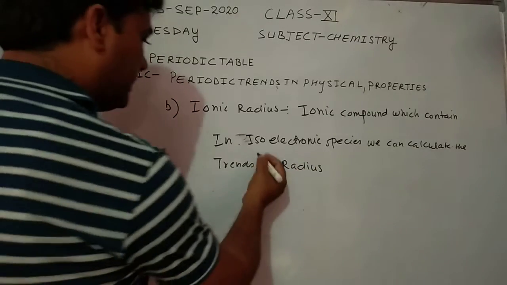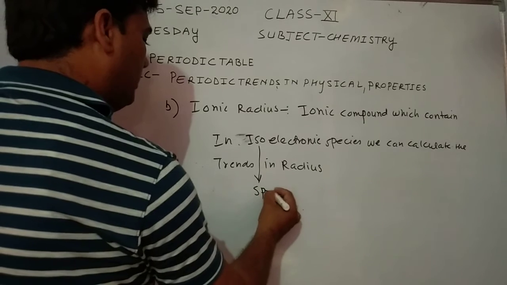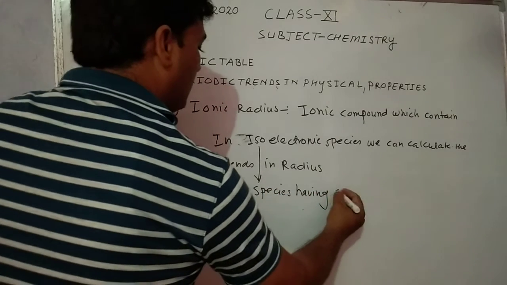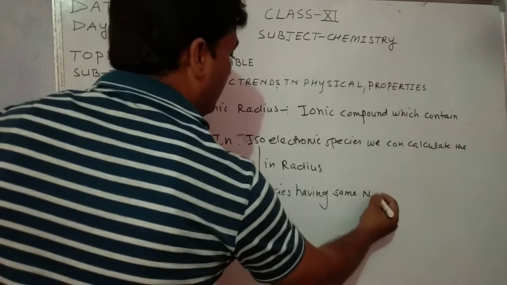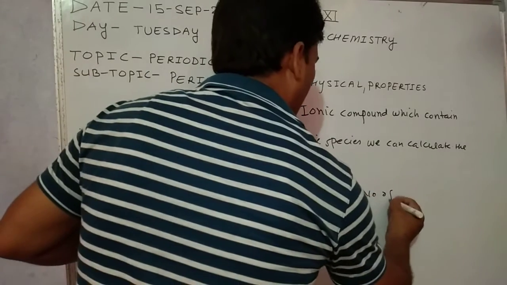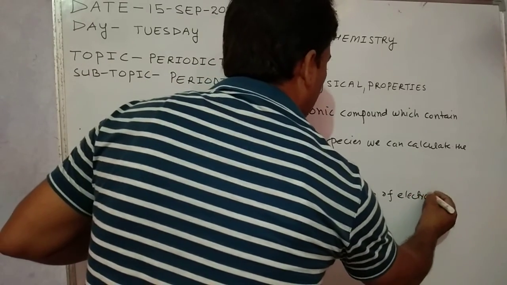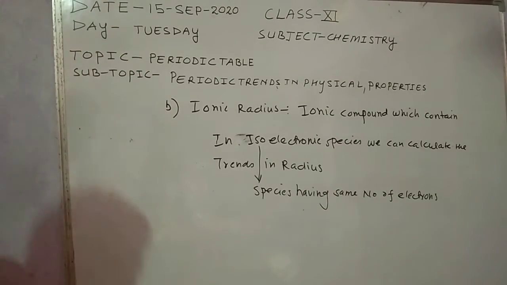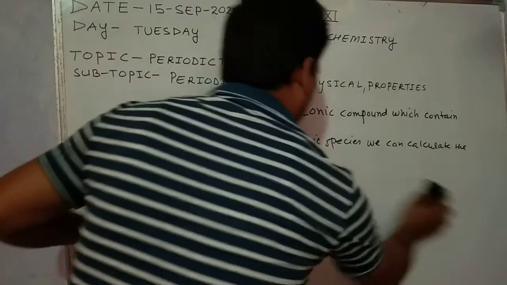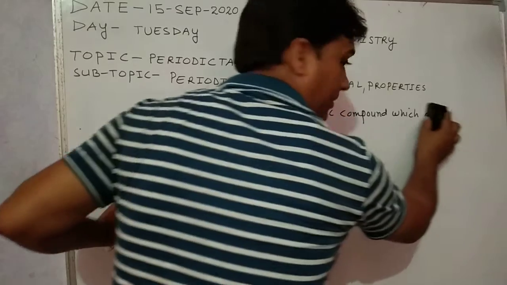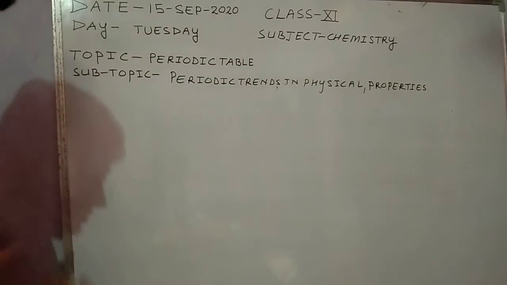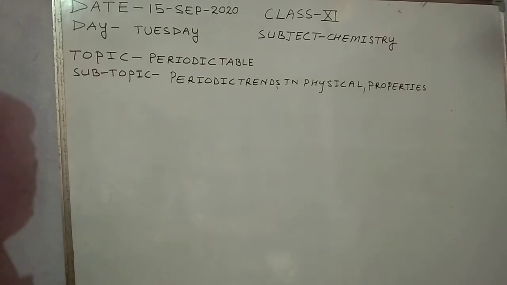What are isoelectronic species? Species having the same number of electrons. With the help of ionic radius, we can also calculate the size of an anion or cation and the trends of size of anion and cation.